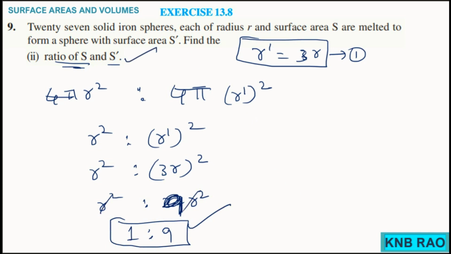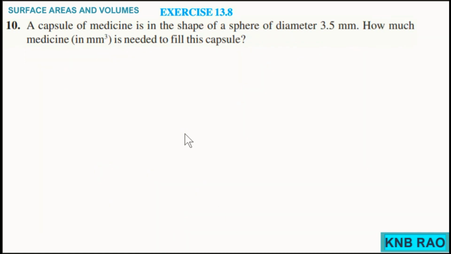Okay, so we will move on to question number 10. A capsule is in the shape of a sphere of diameter 3.5 mm. Diameter they gave, we have to find the radius. How much medicine in mm cube is needed to fill this? Volume only we have to find.